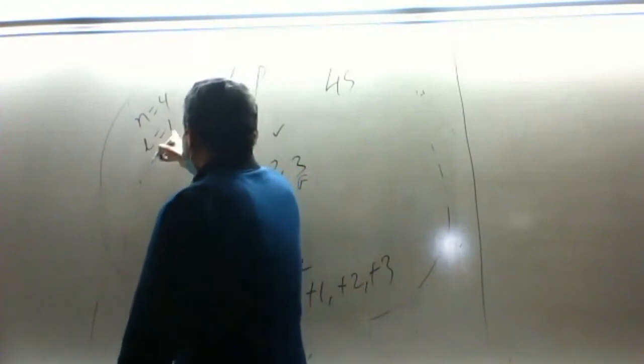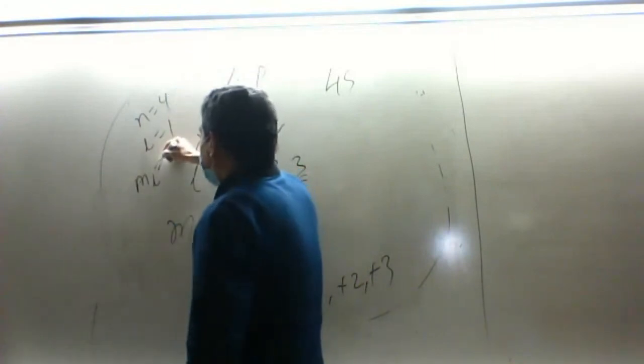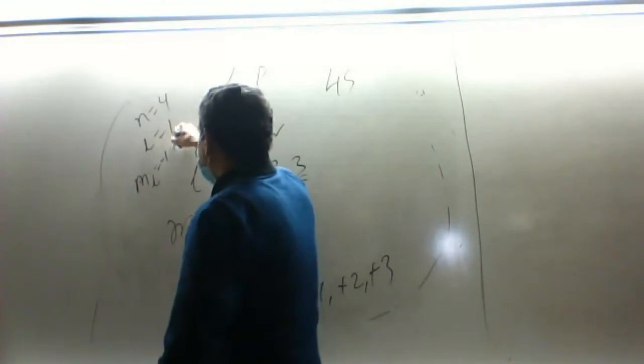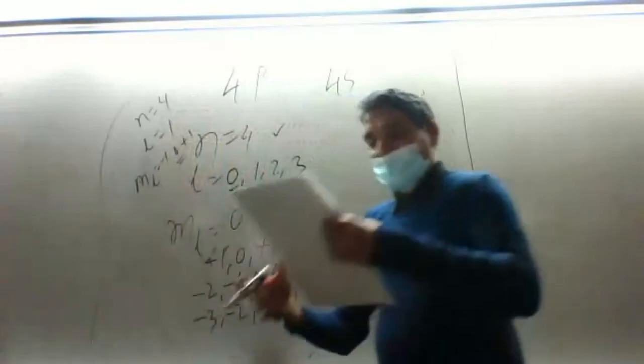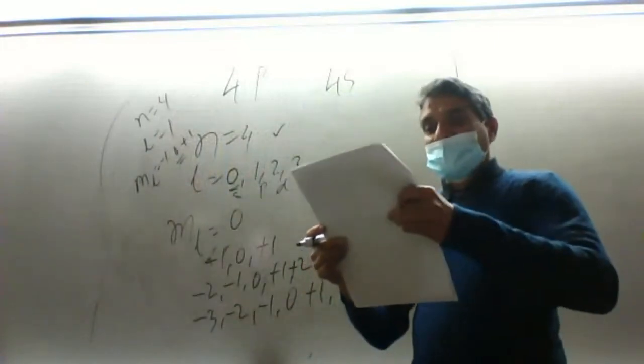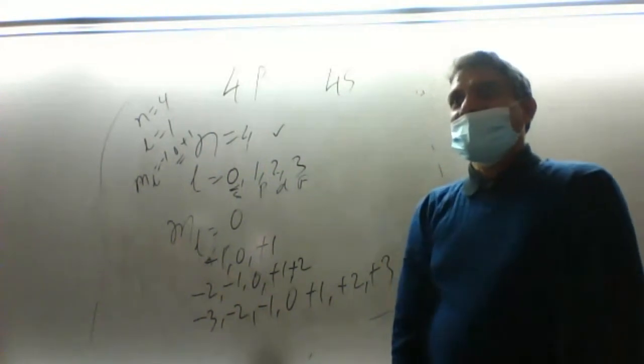And since you have L equal to 1, ML can be minus 1, 0, plus 1. So 4, 1, 0 is clearly the matching set in B. Clear?